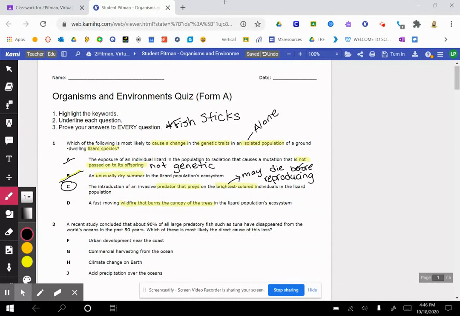That one event is not enough to change a lizard population because we'd have to have something happening over a long period of time, causing a certain group in a population to not be able to reproduce. So this is a short period of time, so it's not going to be enough to cause genetic changes.